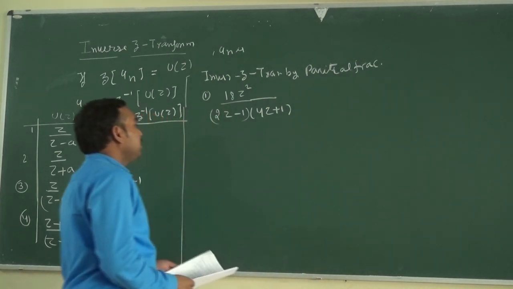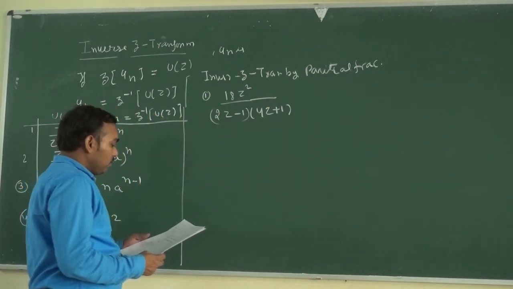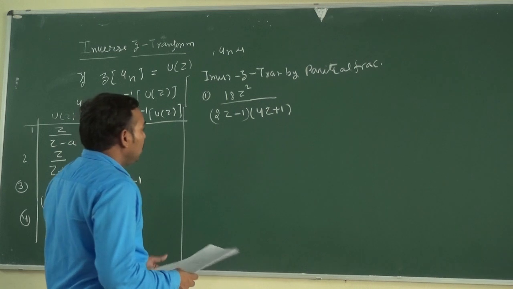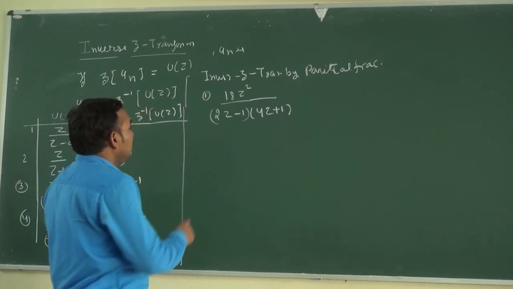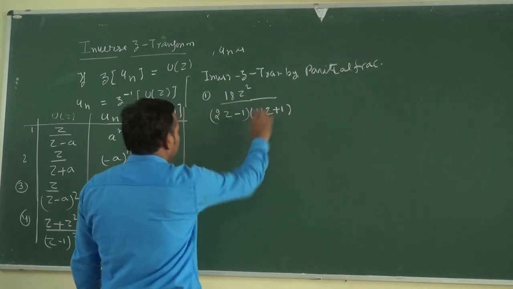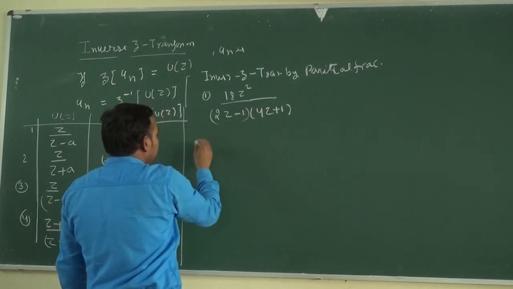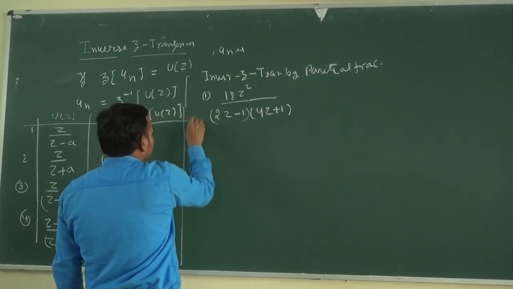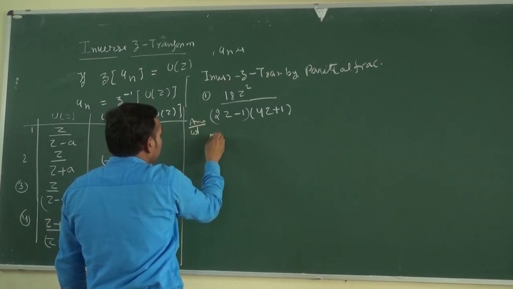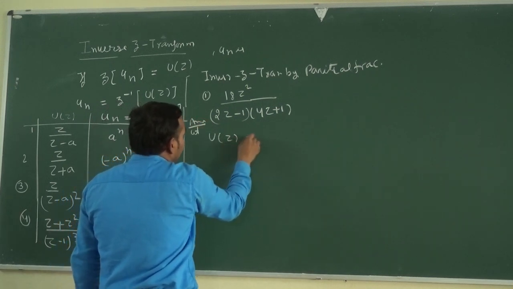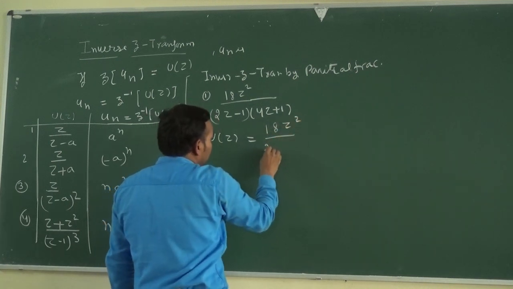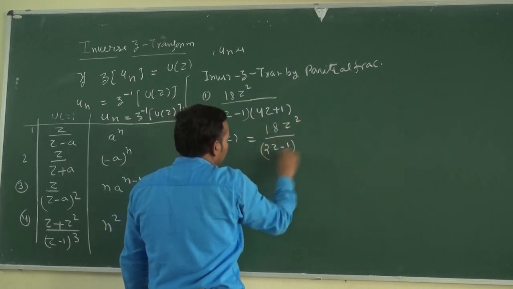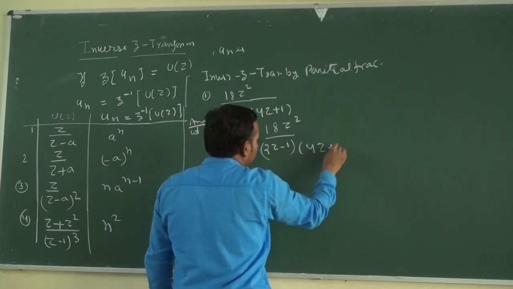Suppose you want to find the inverse of this function with the help of partial fraction. So let U(z) equal 18z square upon (2z minus 1)(4z plus 1).